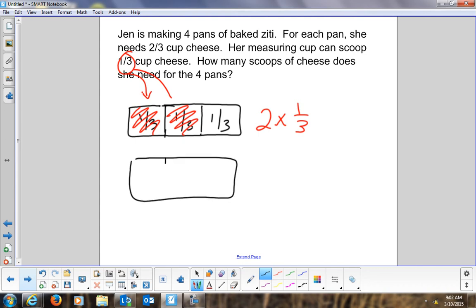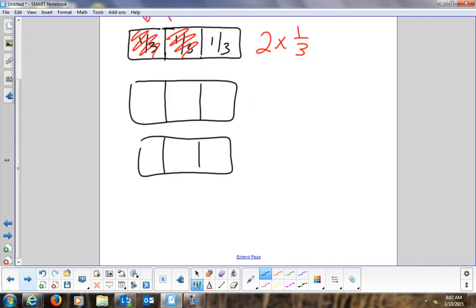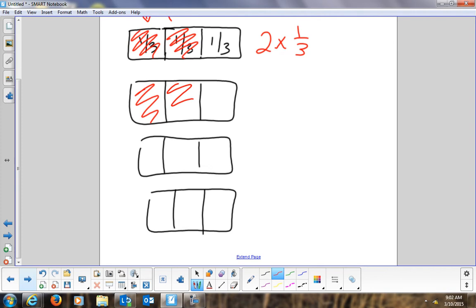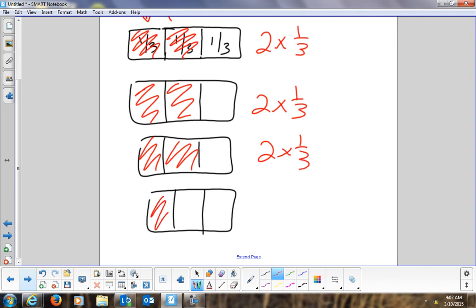So if I had this here, this is 3 pans, and this is 4 pans. Okay, so I'm going to do the same thing, right? I'm going to have to fill 1, 2, so this is 2 times 1/3. This is 1, 2, 2 times 1/3. And this is 2 times 1/3.